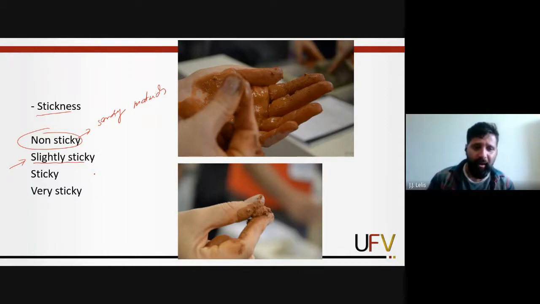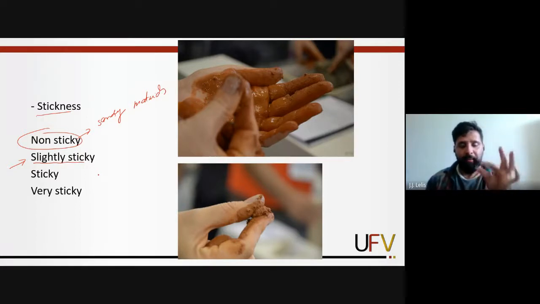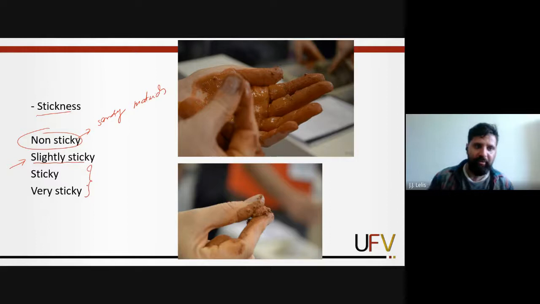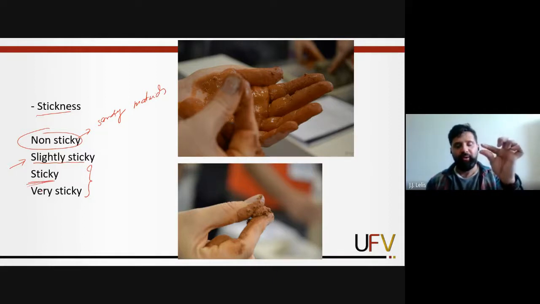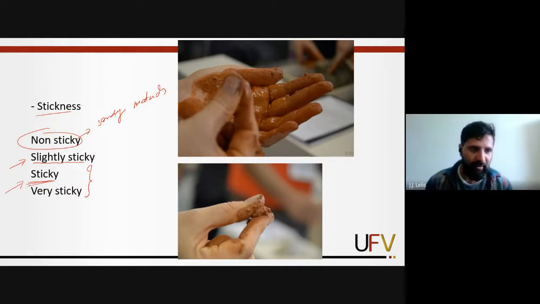If I can hardly individualize my fingers, if I can hardly separate my fingers, it could be sticky or very sticky consistencies. If I can separate my fingers and I feel just a little pressure trying to keep my fingers together, it is a sticky consistency.